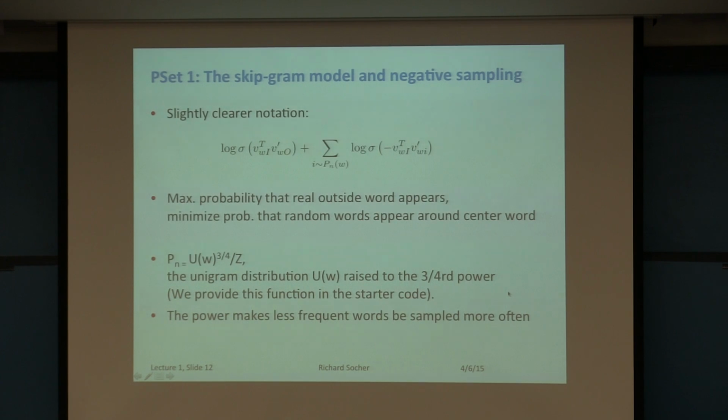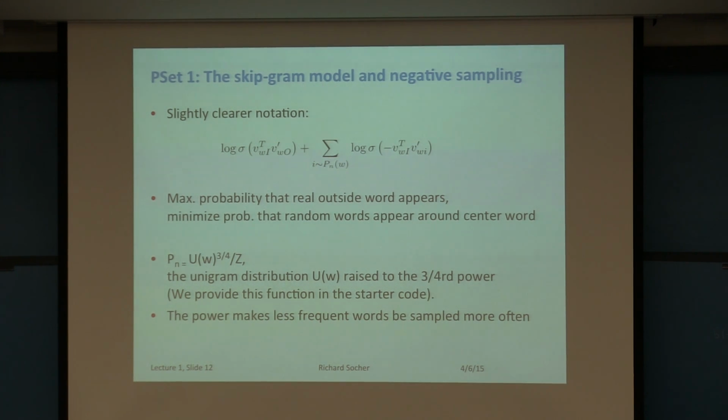And now to look at the second part, we'll have a slightly cleaner or clearer notation here. Basically, we want to maximize the probability that real outside words appear here, and also minimize the probability that random words appear around the center word. And so here we have the minus, and maybe one thing that you can try to prove at home is that the sigmoid of minus x is the same as 1 minus the sigmoid of x.